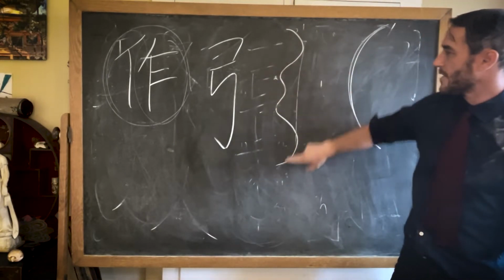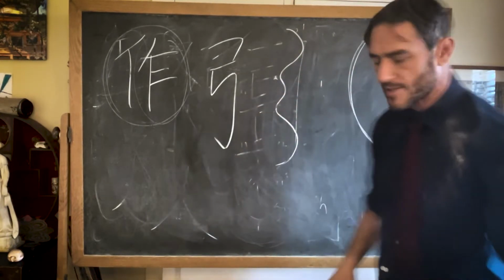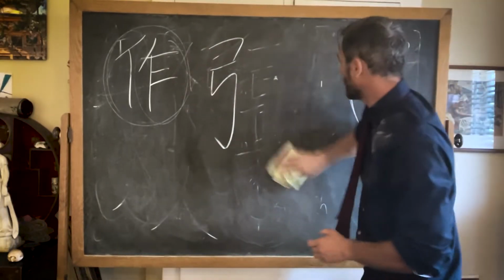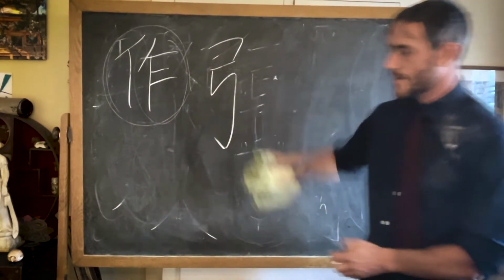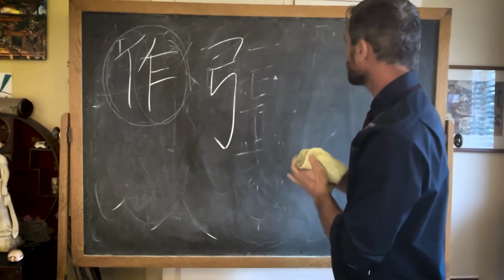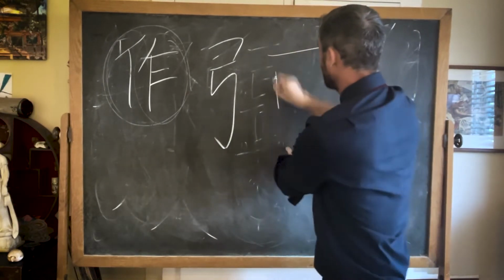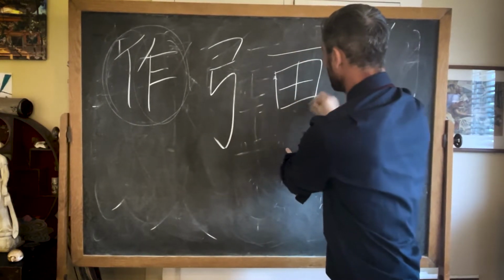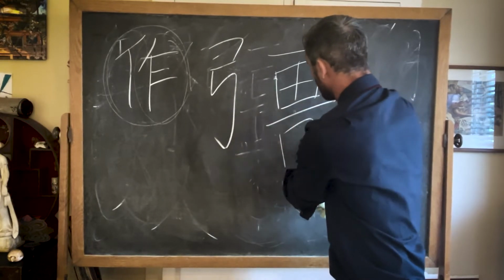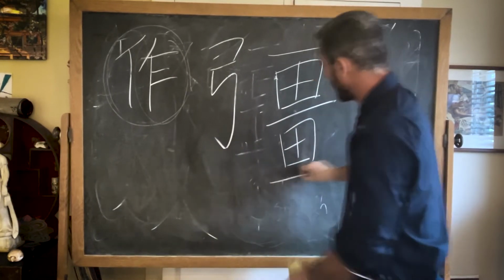So we have this curved shape, and then the second portion, in a strange way, echoes this idea, because we have a line, and then this picture for a field, another line, again a picture for a field, and then another line.